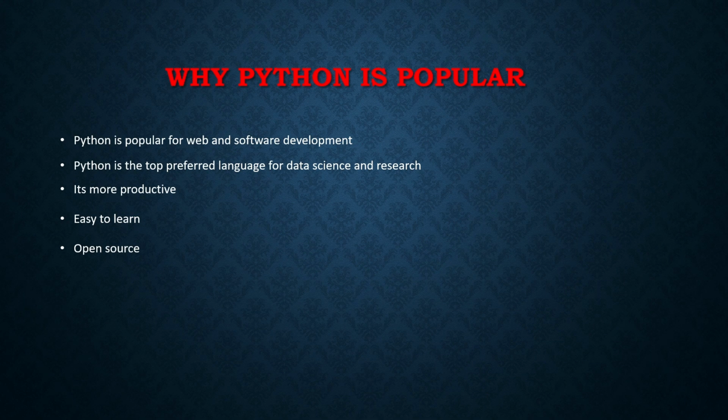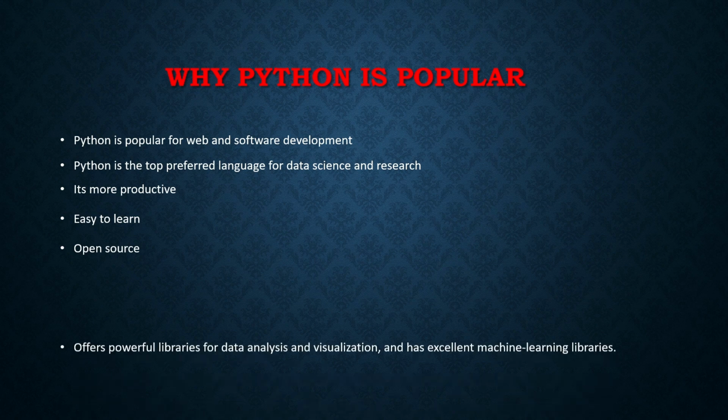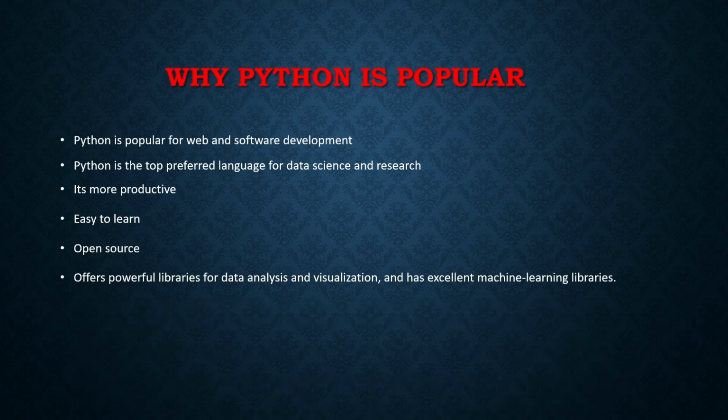It's open source because we don't need to pay any money to use or install Python. It's available for all users, and offers powerful libraries for data analysis, visualization and excellent machine learning libraries, because it has lots of cool tools made by a huge community of developers, and it's flexible, readable and a platform independent language.